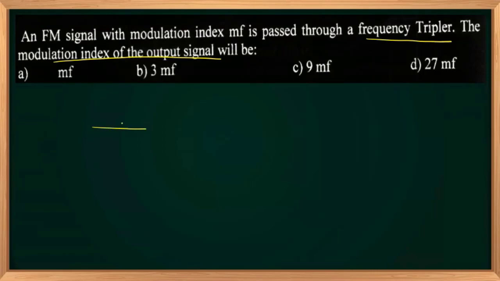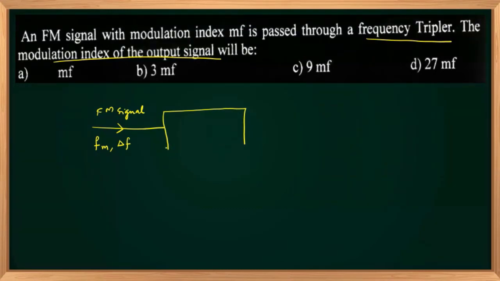An FM signal with the carrier frequency FC and the modulating signal FM and the frequency deviation delta F is passed through a frequency tripler. Yes, option B, your answer is right.